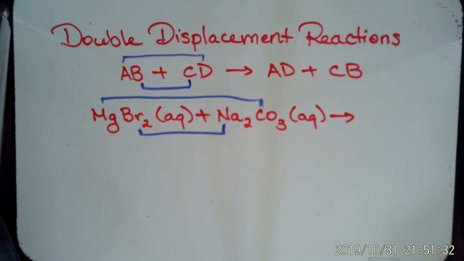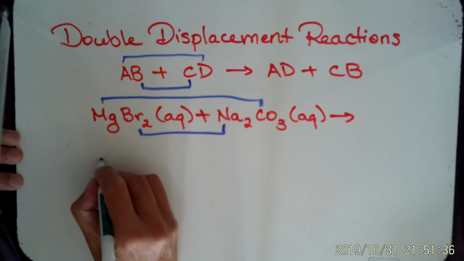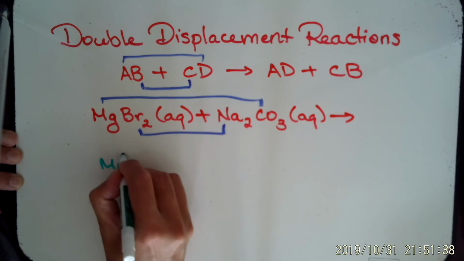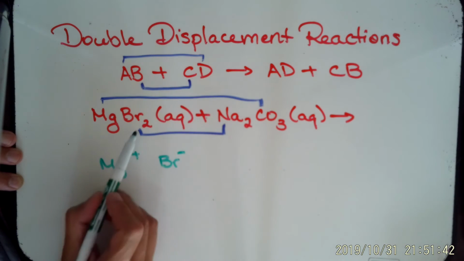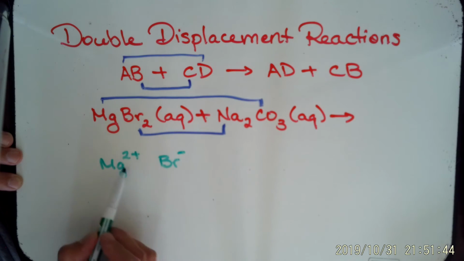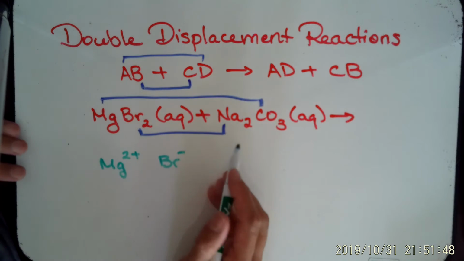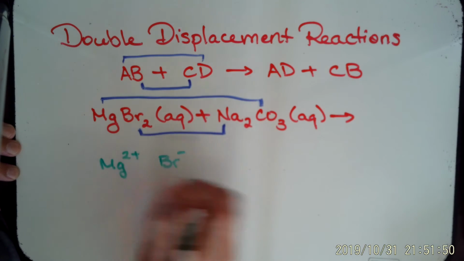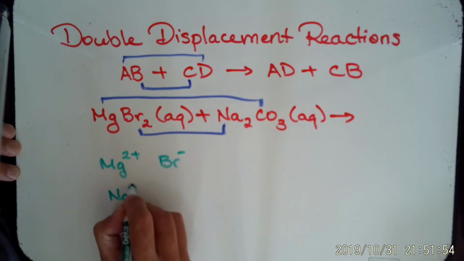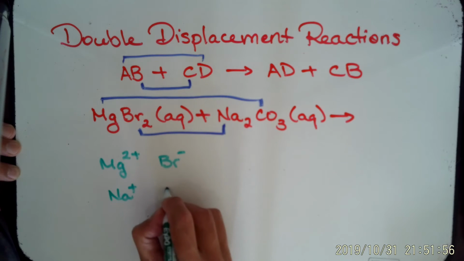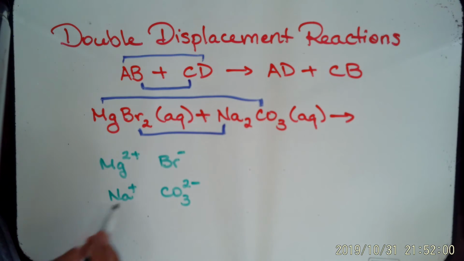And other people, I'm a little more old-fashioned here, I like to write down my ions first, and then I always like to do a crisscross. So these are my two ions. The two here, I need two to neutralize it. I'm just writing down the ions so I know what's available from this compound. Then from sodium carbonate, I know I have a sodium. I actually have two to make it neutral, and I have a carbonate. And I like to just crisscross.